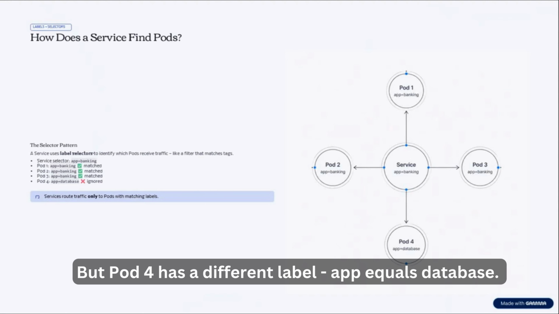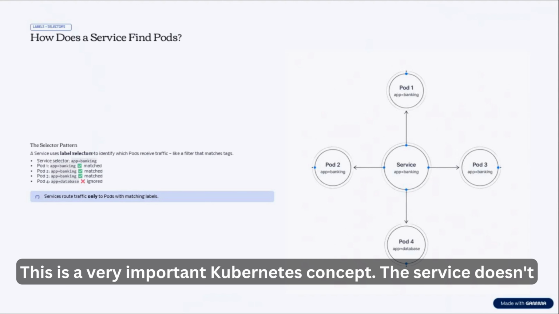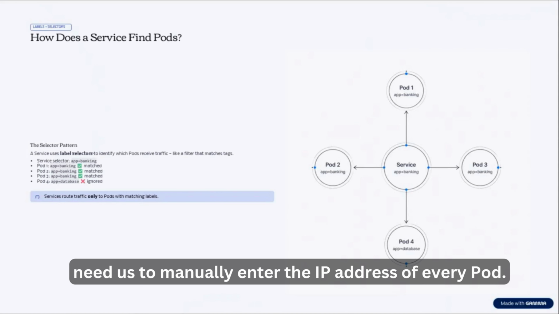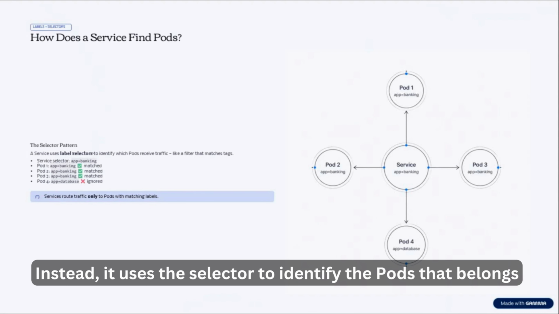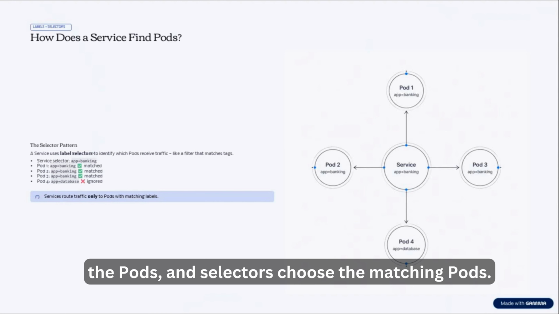But pod 4 has a different label, app equals database, so that pod is not selected by our service. This is a very important Kubernetes concept. The service doesn't need us to manually enter the IP address of every pod. Instead, it uses the selector to identify the pods that belong to that service. So the simple formula is: labels identify the pods, and selectors choose the matching pods.